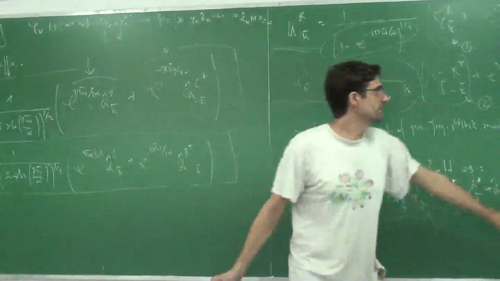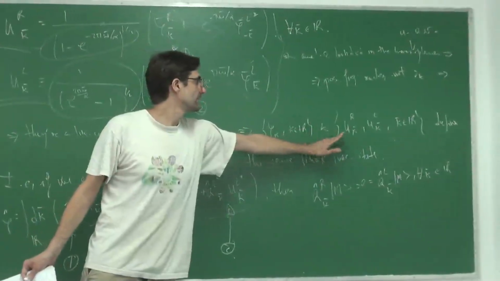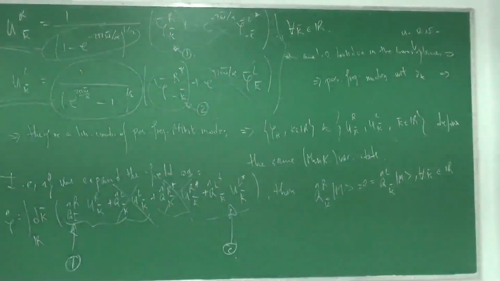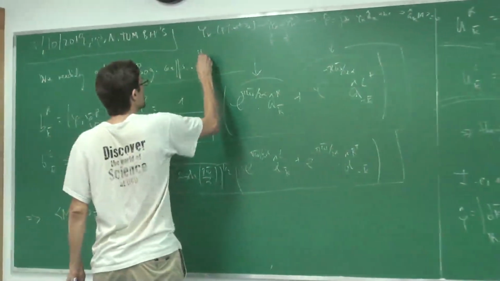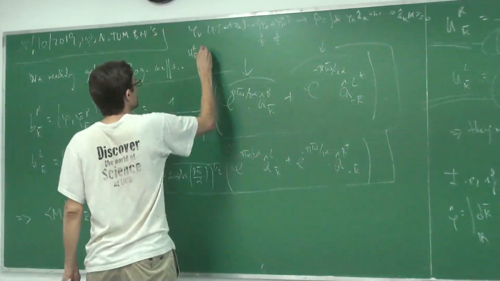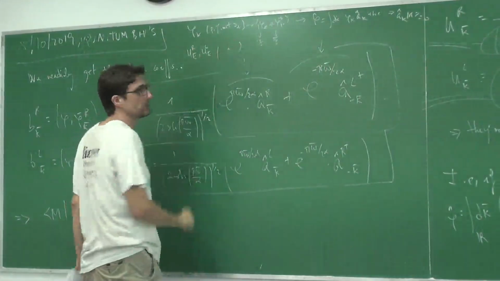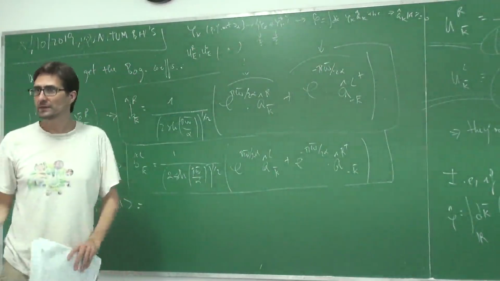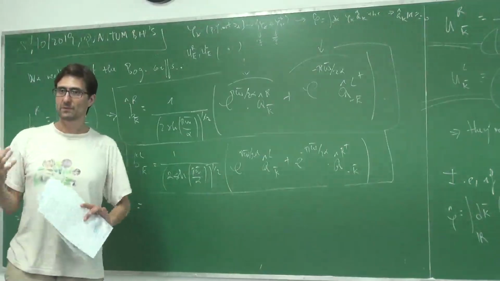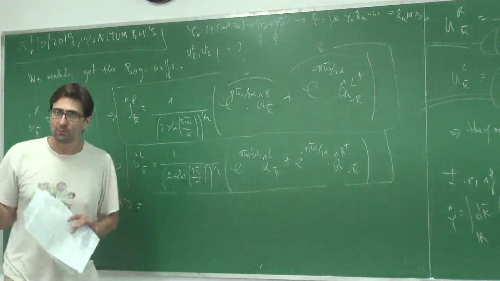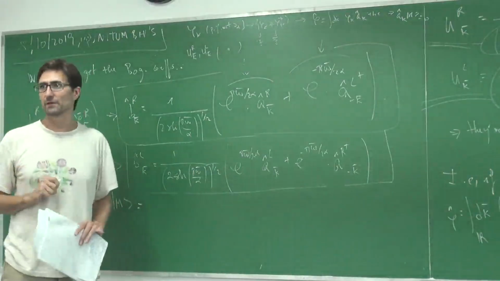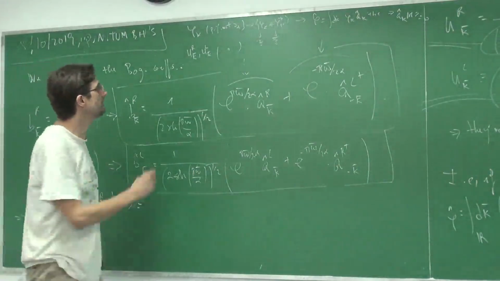Now, you can do the same with these. You can say, now I've got the u_k^R and u_k^L. They're positive frequency with respect to d/dt as well, because they are analytic in the lower U and V planes, and we've seen that that's a defining property of positive frequency with respect to d/dt.